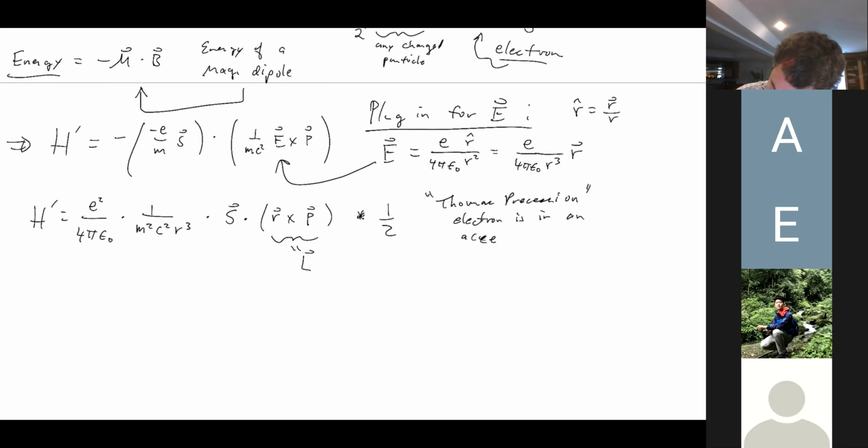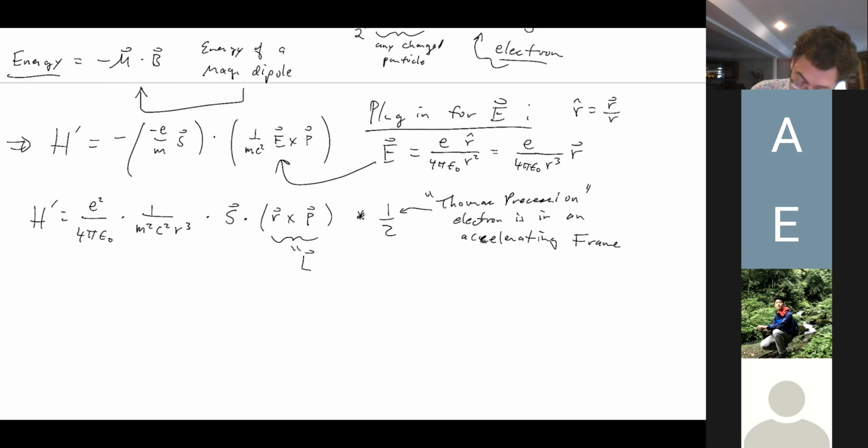This is a little detail that we skipped, because the relativistic formula that I used for the magnetic field was for an inertial frame, and we're actually in an accelerating frame. So that's where that factor of 1/2 comes from. But that's just a detail. We don't need to get too caught up on that.